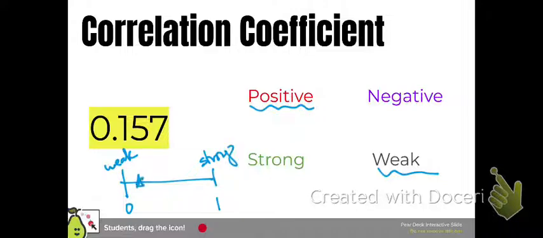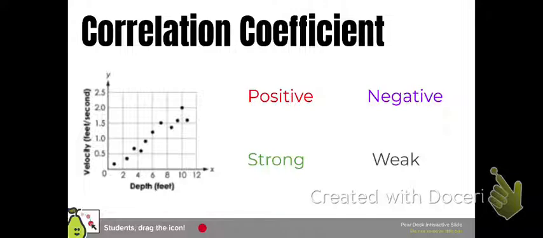This is about here. So if you think about what this looks like as far as a scatter plot, it's positive. So our line of best fit is going up. But weak means that the points are further away from that line. They're more spread out. Stronger means that they would be very close to the line.